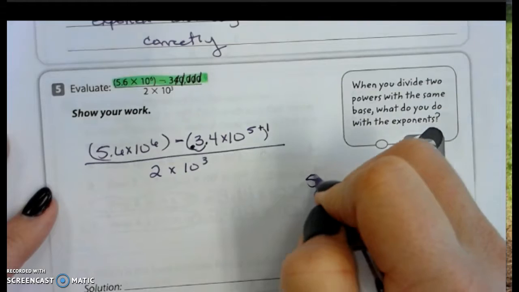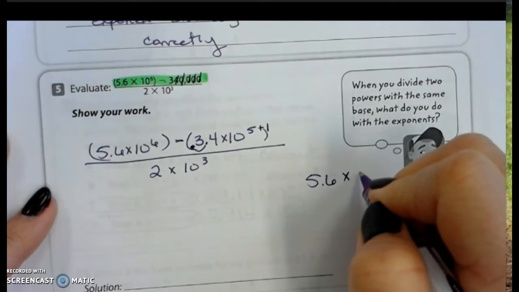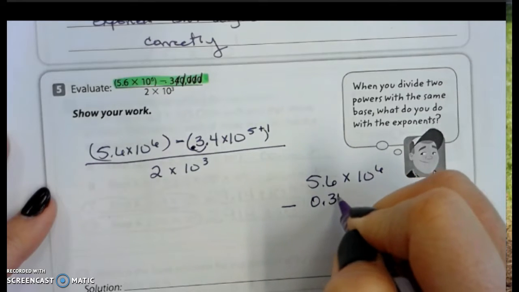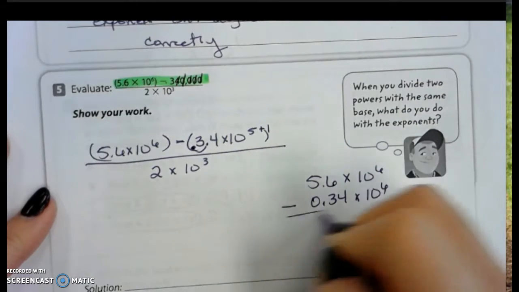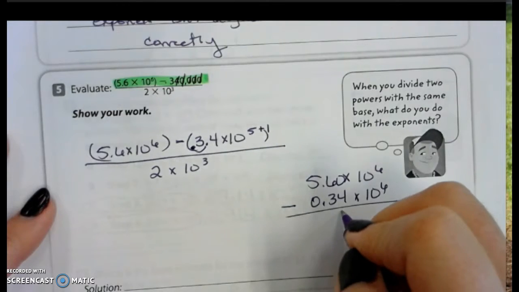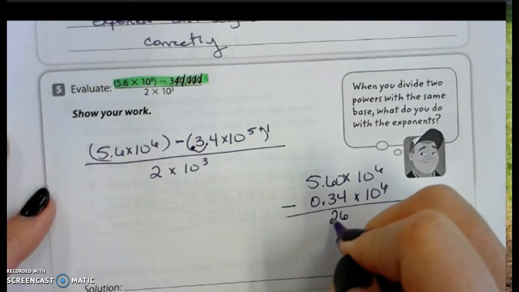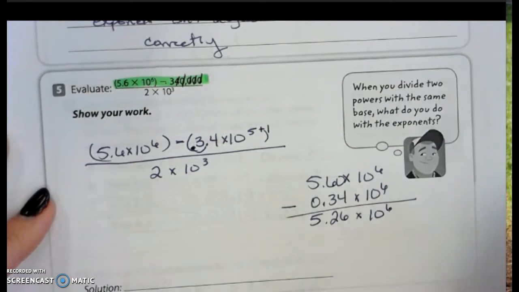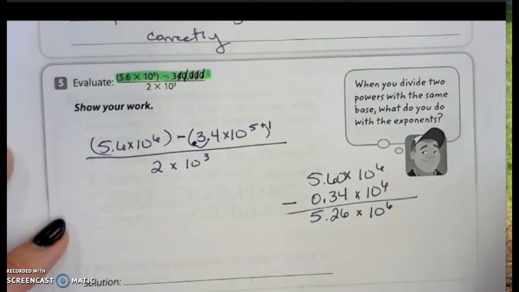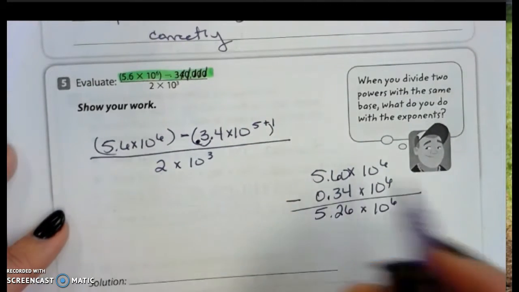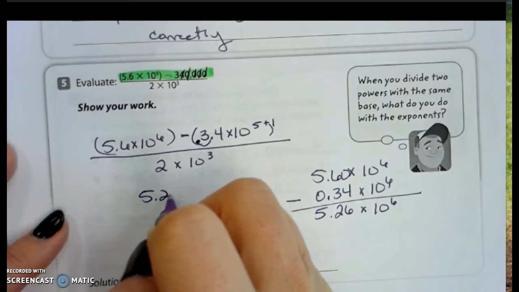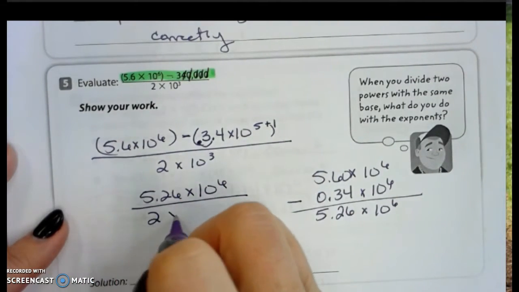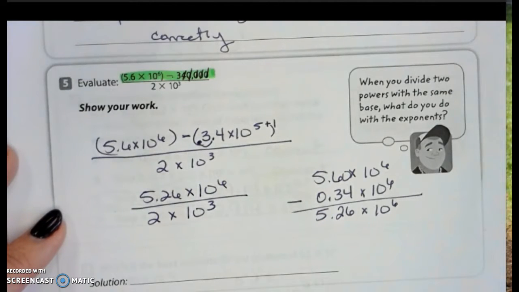So I'm going to have 5.6, I'm just going to do this out to the side, times 10 to the 6th minus 0.34 times 10 to the 6th. Then when I subtract, I get 5.26 times 10 to the 6th. So my new numerator is going to be 5.26 times 10 to the 6th, and I still need to divide by the 2 times 10 to the 3rd.